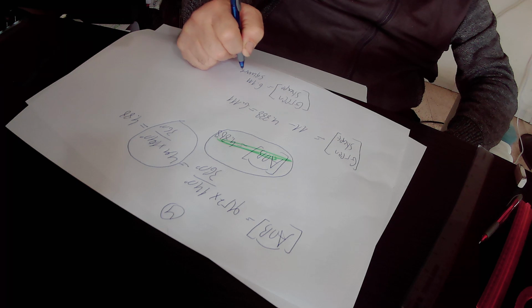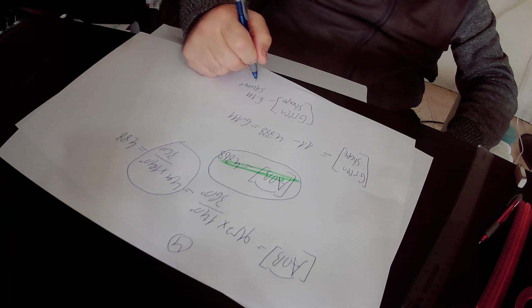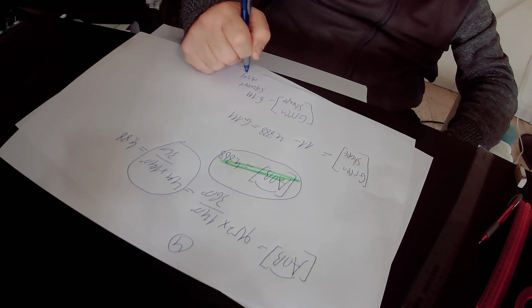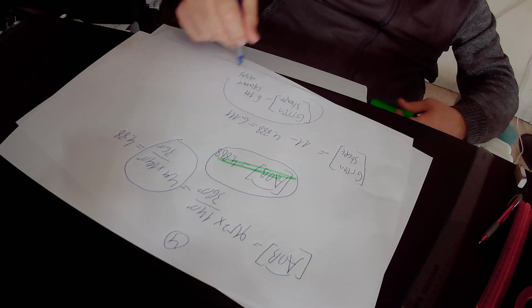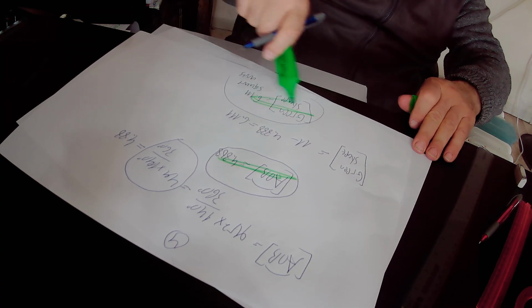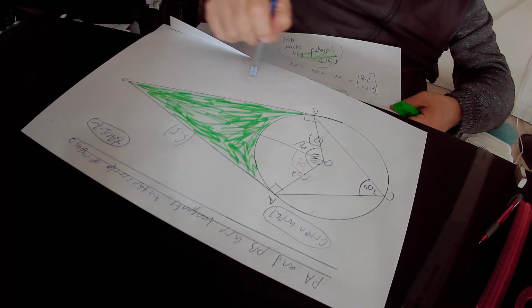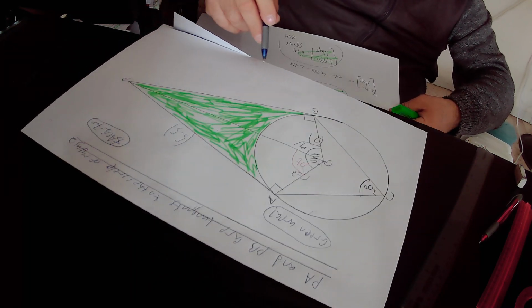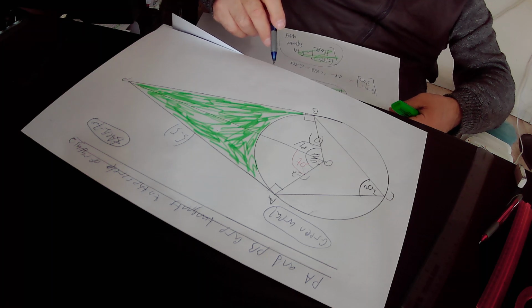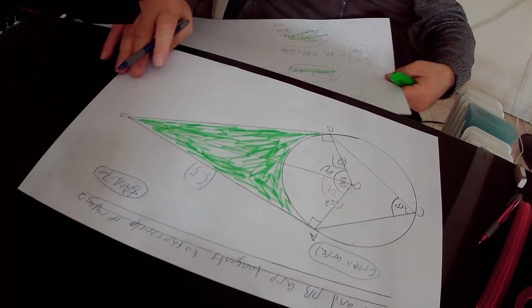And that is the answer to the question. Repeat again. The area of this green shape equals 6.111 square units. So in the next step, I will summarize the lecture.